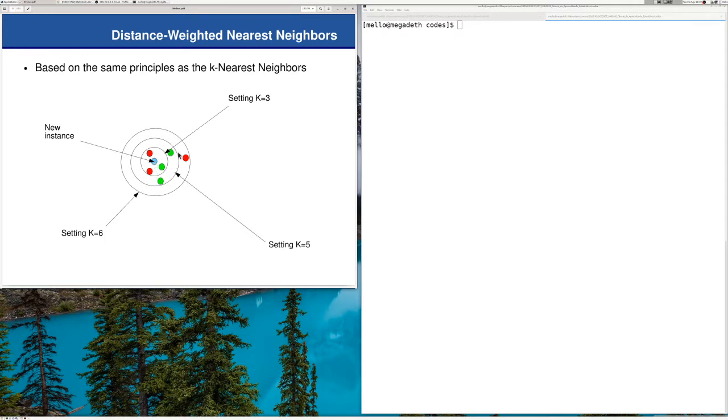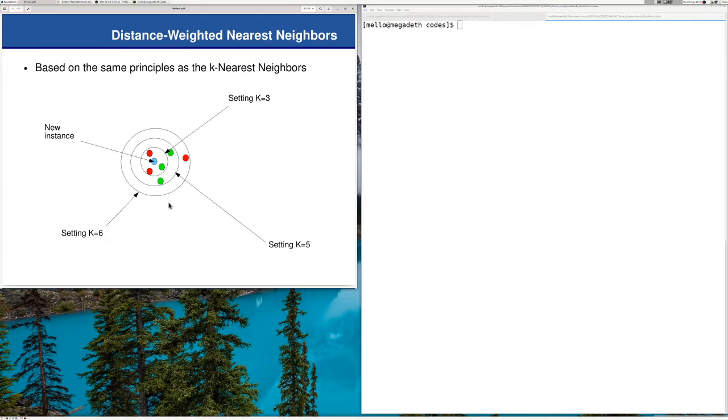If I increase my Gaussian function even more, in this case I will classify as green because I have a majority of votes for the green class. And if I increase even more in this illustration, of course, I'll have 3 reds and 3 greens, so I will be uncertain about classifying as either green or red.